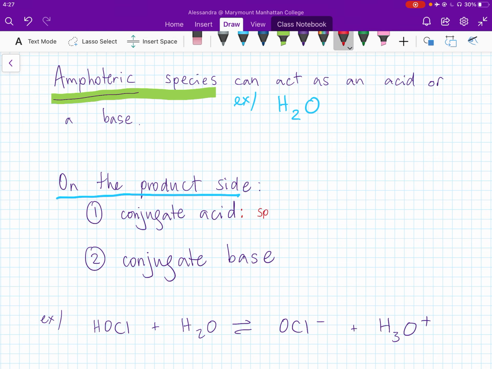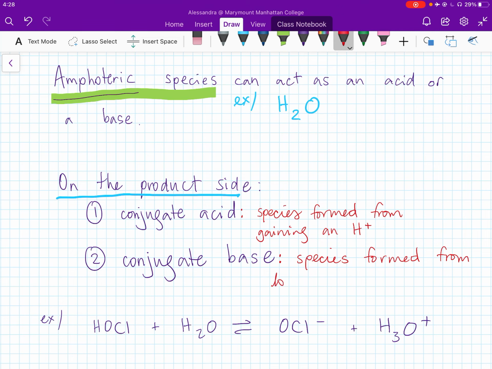The conjugate acid is whatever the species is that's formed from gaining a proton. And again, this is on the right side. Conjugates are always on the right side of the reaction relative to the acids and bases on the left side of the reaction. Of course, you can have conjugate pairs that you talk about on both sides of the reaction. It's really just a semantic issue. The conjugate base, by contrast, is the species that is formed from losing a proton.